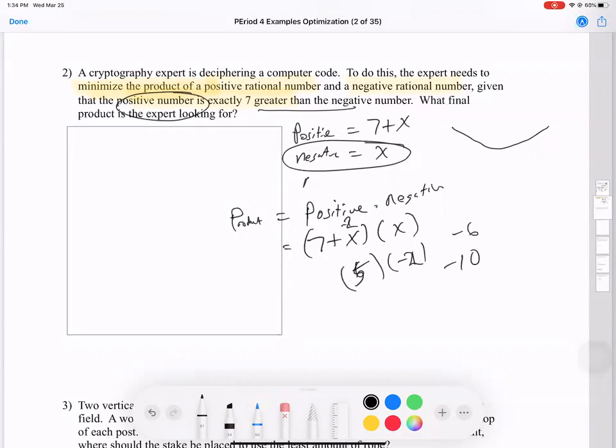Okay, so let's say that's my equation. Let's try it. Let's multiply them together. It'll be 7x plus x squared. That's our product. And we want to minimize this. So when we minimize, we say we take the derivative and make it equal to 0.